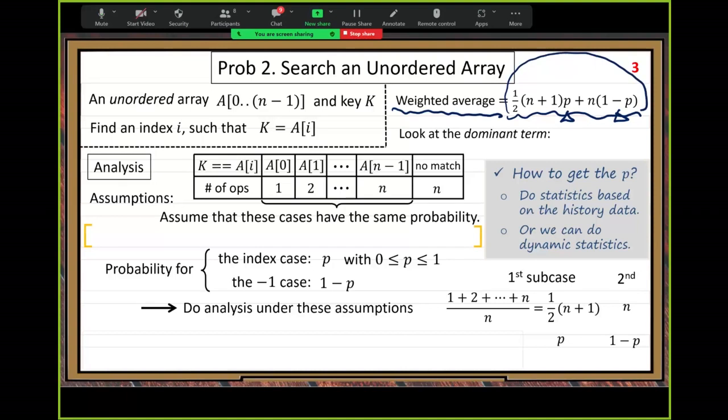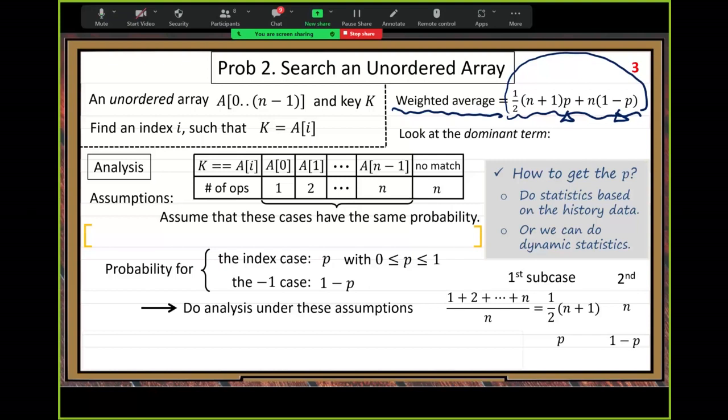The n is a variable, the data size. N is a variable. P is a constant. P does not change after it is given, so treat it as a constant. N is a variable.